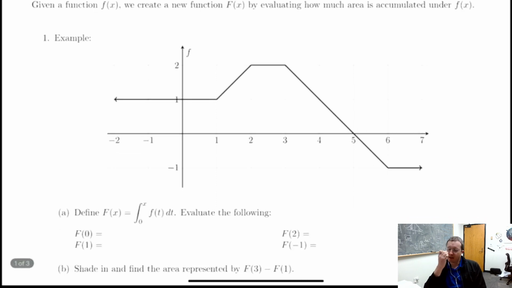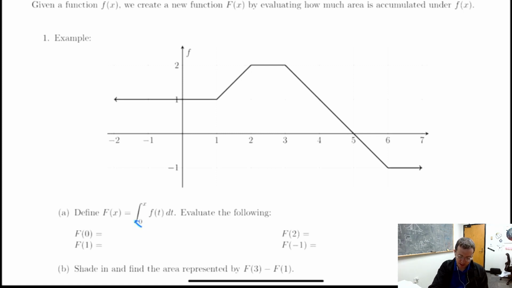I like to think of this as the little f, which is the velocity. That's what your speedometer is telling you as you're driving down the highway. And the integral from 0 to time x is telling you, well, that's what the trip odometer would read.